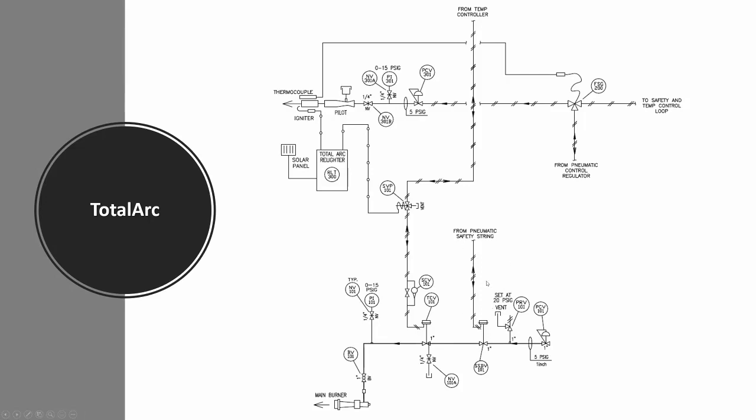Now, you guys will see that coming out of the TotalArc, there is an SVP 101. This valve is controlled by the TotalArc Relighter, and it's the same power. And what it does, we call it an augmented safety to the flame safeguard: when we are in the process of starting up a TotalArc, or while it is in the process of sparking the pilot, it will actually shut off the gas supply to the temperature control valve.